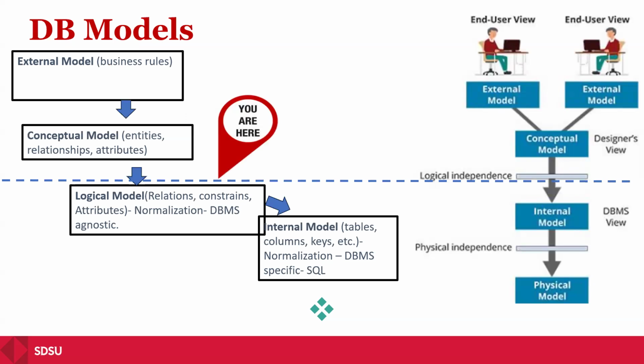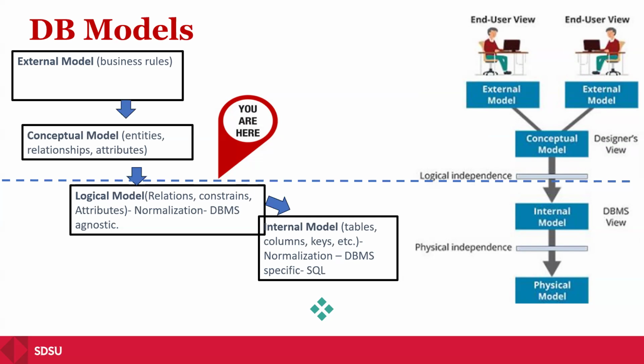And before we get into the details of the relational data model, I want to briefly stop at this diagram. We looked at this diagram already a couple of times when we talked about logical and physical independence, but here it's very important for us to understand where actually we are. We talked a little bit about business rules in the beginning, so we covered that in our third class.